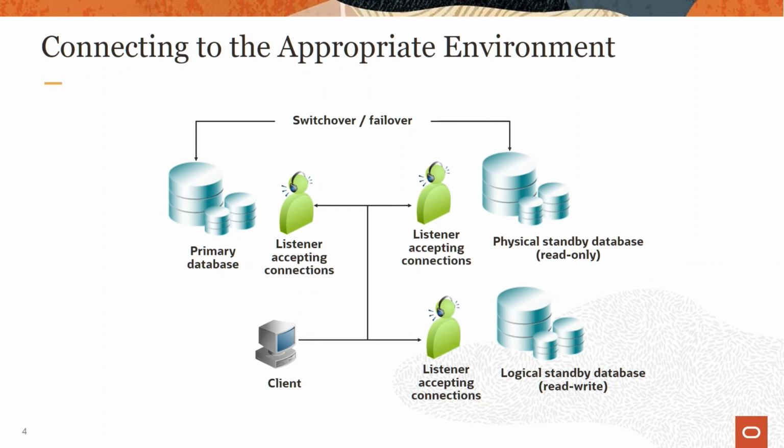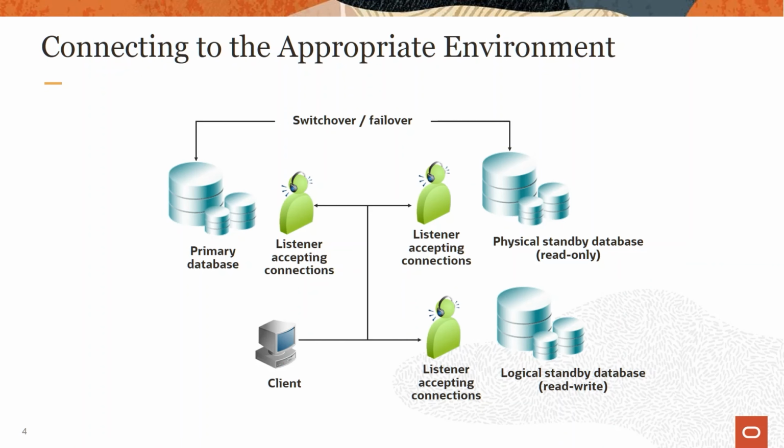And definitely we have connections to primary databases. So in each host where primary database is running, or another host where standby databases are running, listener supports connection requests, and eventually supports the establishment of connections.